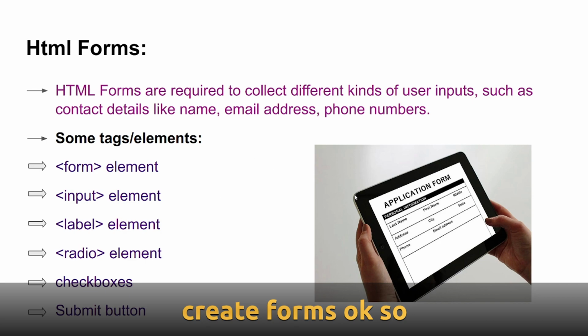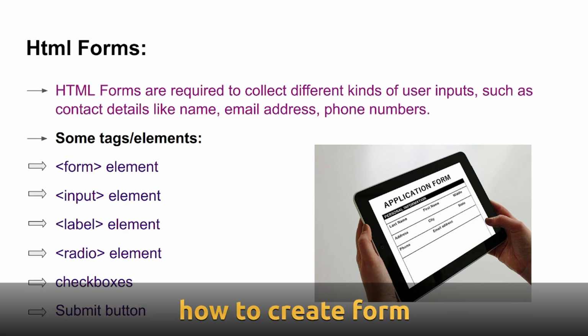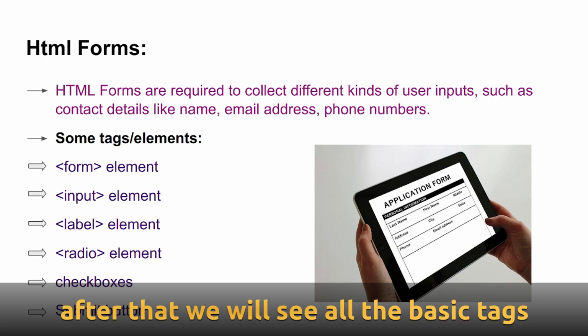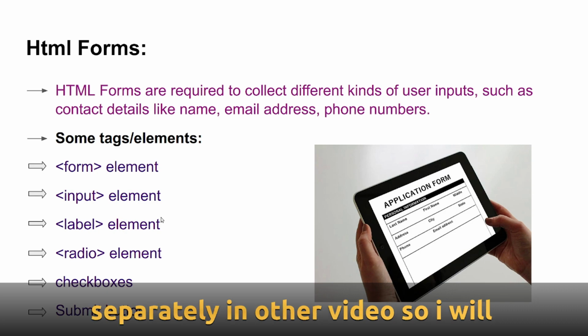In this video we will see one basic example of how to create forms. After that, we will see all the basic tag elements used to create forms separately in other videos.